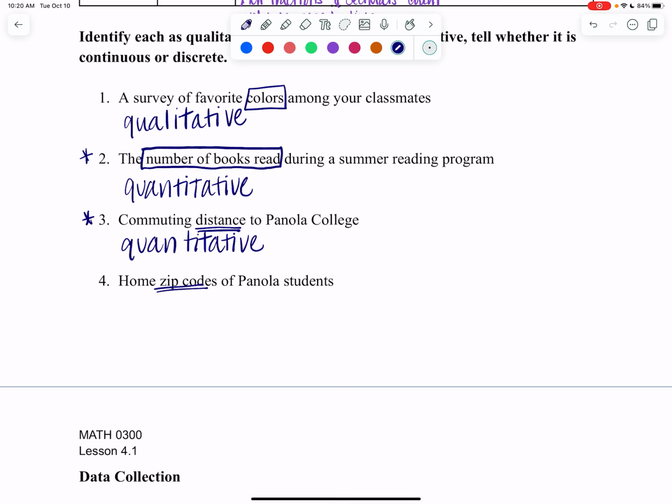Zip codes. These are numbers, but they don't measure anything. These are categories. It's like a bucket. I'm from NAC, so I'm not familiar with the Panola zip code, but in NAC we have 75965, and I think there's a 75961. So we could make a bucket with those labels on them and dump names of people who live in each zip code into those buckets. So this is qualitative.